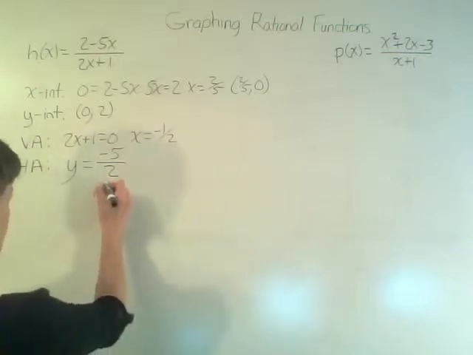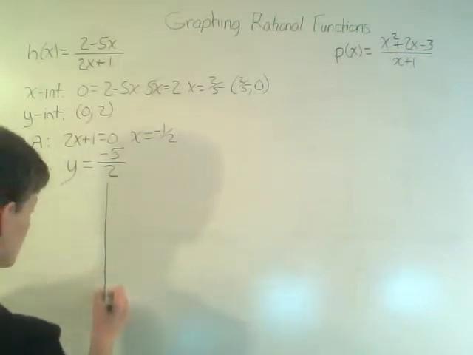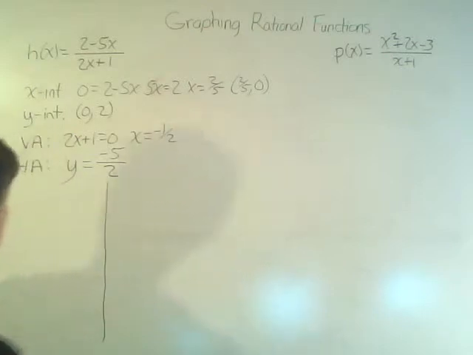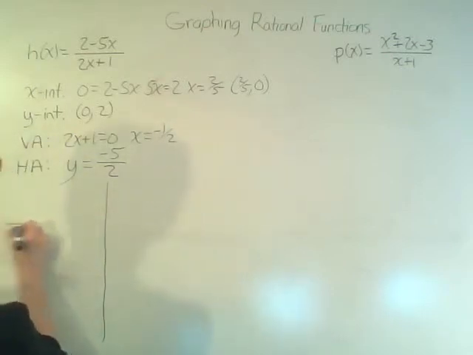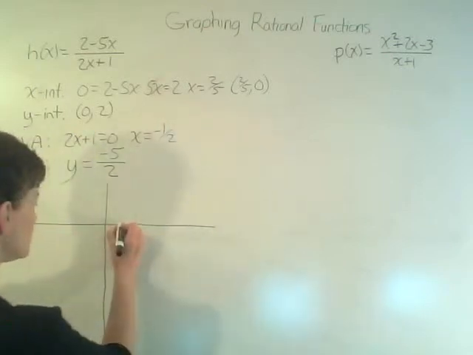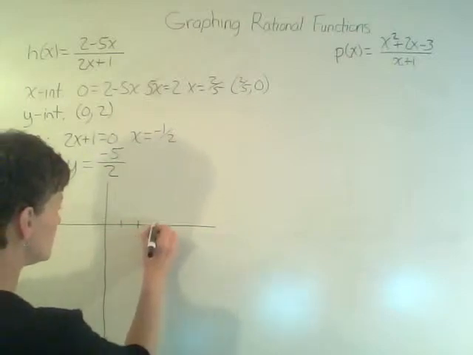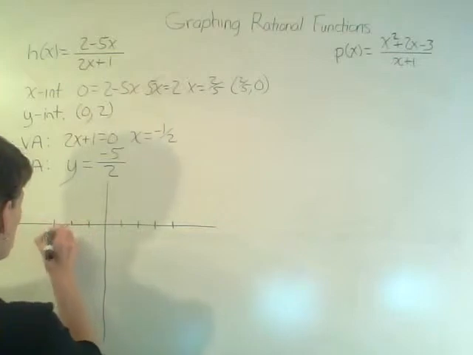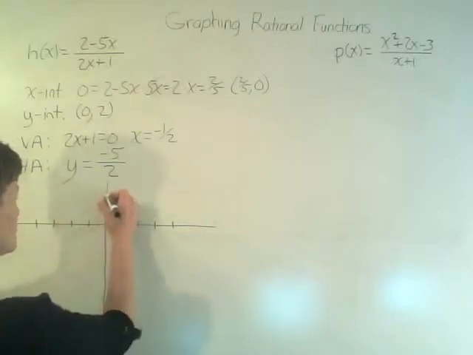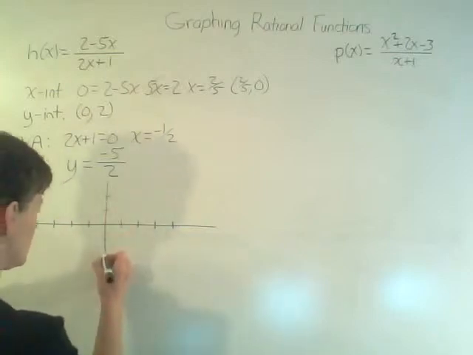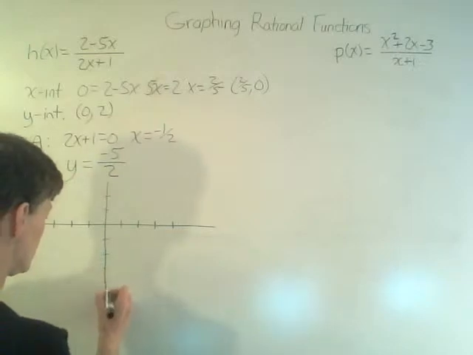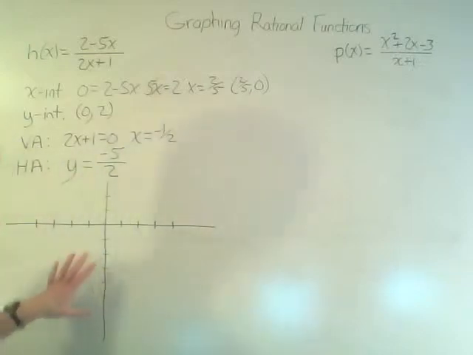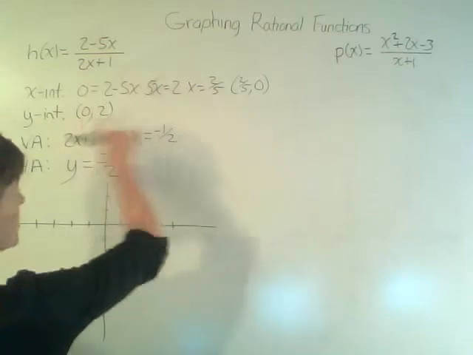All right, well, I'm ready to graph this function. And I'm looking at my horizontal and vertical asymptotes as I sketch my axes here. Right, so first I'll go ahead and graph my intercepts.